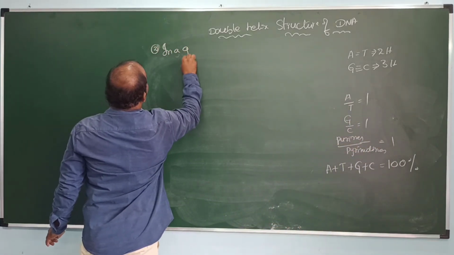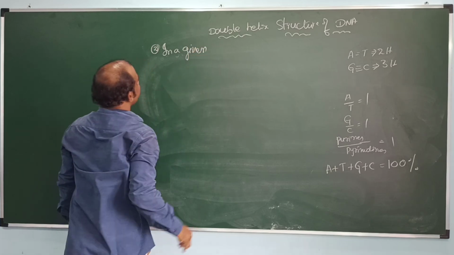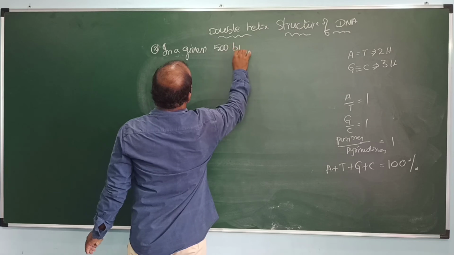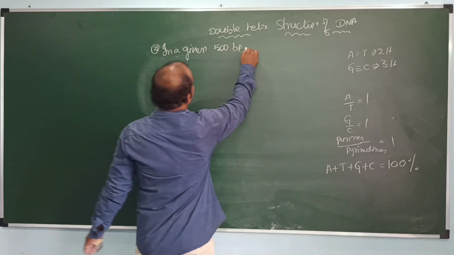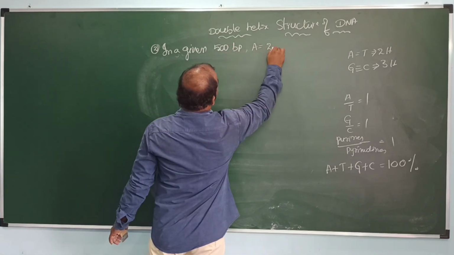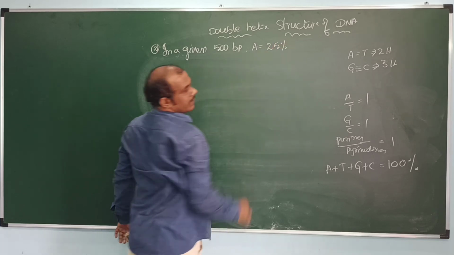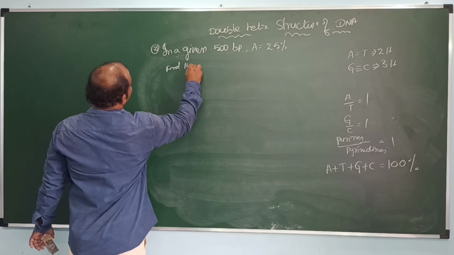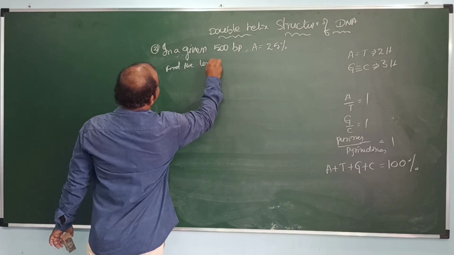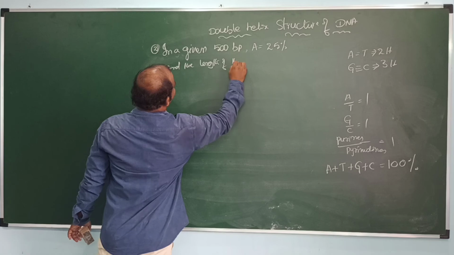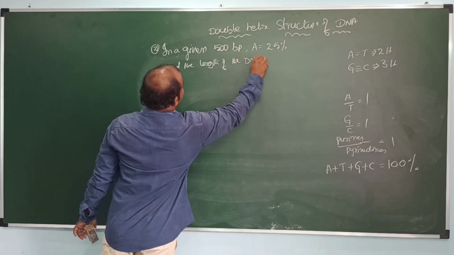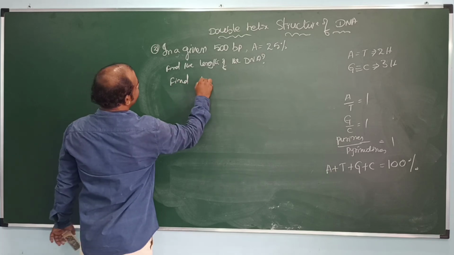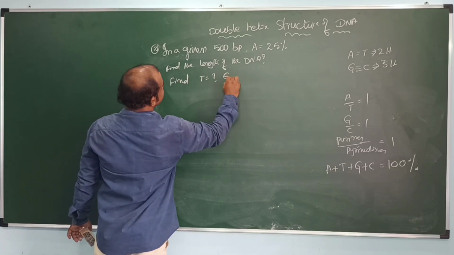Another problem. In a given DNA, there are 500 base pairs present. Adenine equal to 25%. Find the length of the DNA. Find the rest of the nitrogen bases.